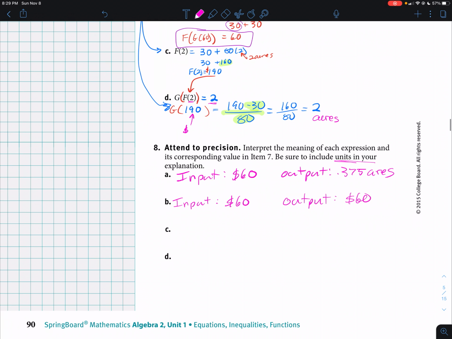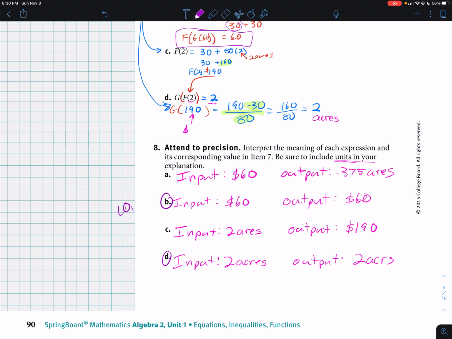And then on C, our input was 2 acres and our output was $190. And then on D, our input was 2 acres and then our output was 2 acres.